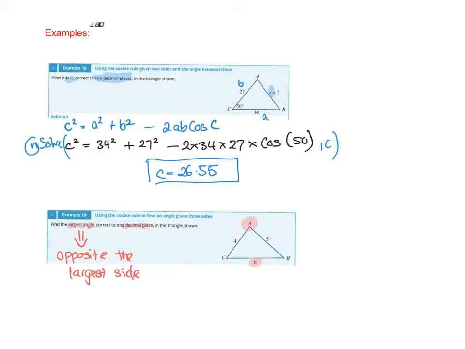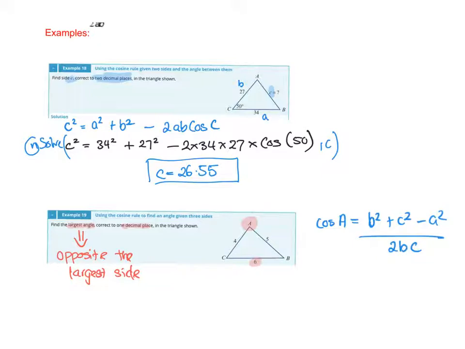If you write out your rule, cos A equals b squared plus c squared minus a squared over 2bc. Then you just plug in everything you know. When you know all the sides but you don't have any angles, that's when you would use this cosine rule to find an angle.